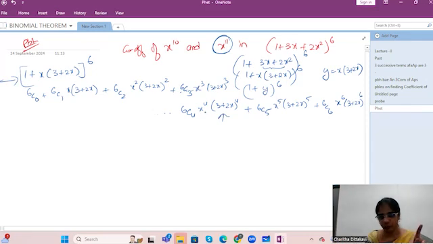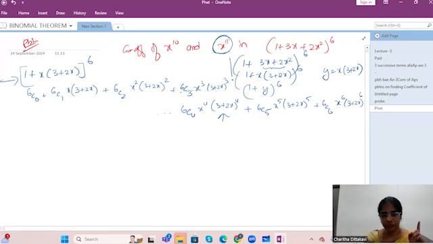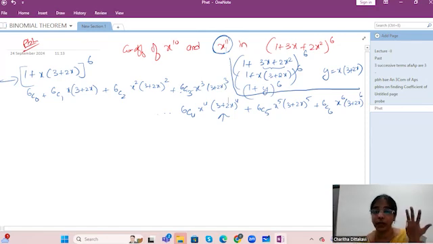You have x power 4, right? In this term, x power 4 is there. And from here, you will at most get x to the power 4. x to the power 4 into x to the power 4, that is x to the power 8, right? Even if you observe here, let me draw a line here. x to the power 3 into x to the power 3 is the highest there. So x to the power 6. So we need x to the power 11. So obviously I have to go with somewhere here.